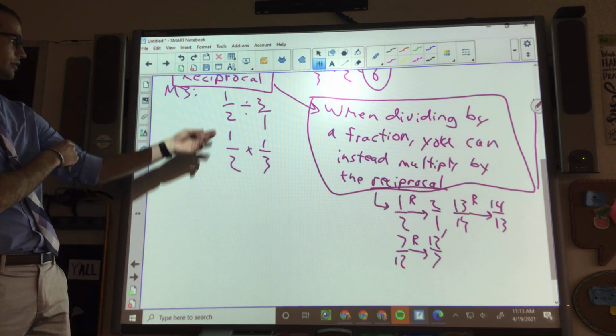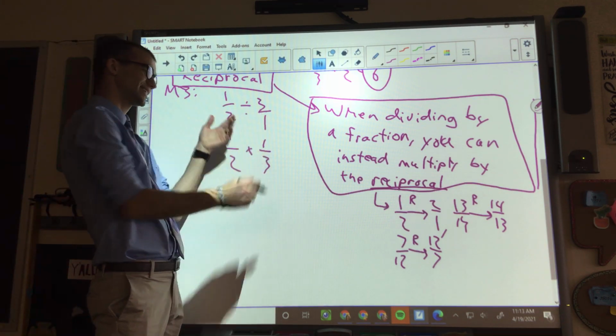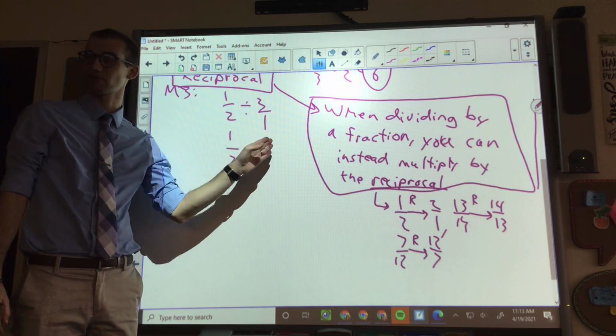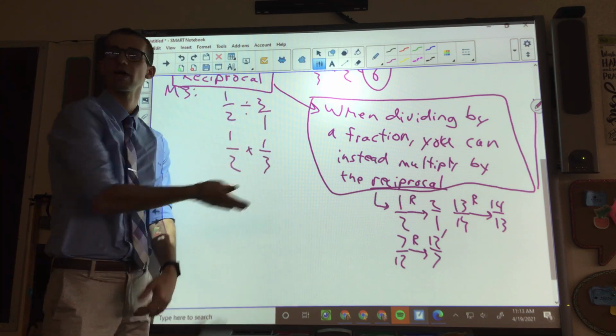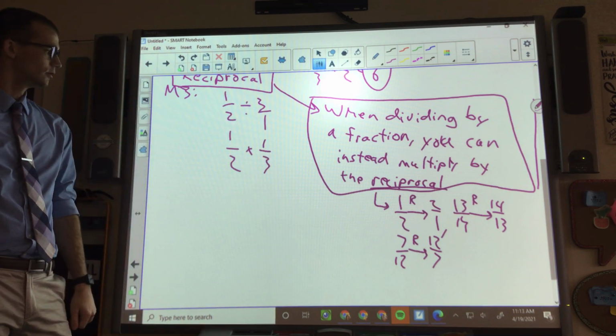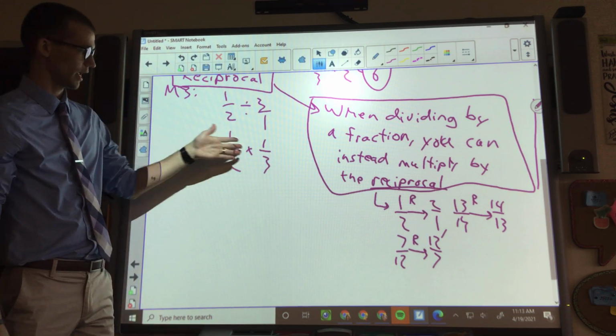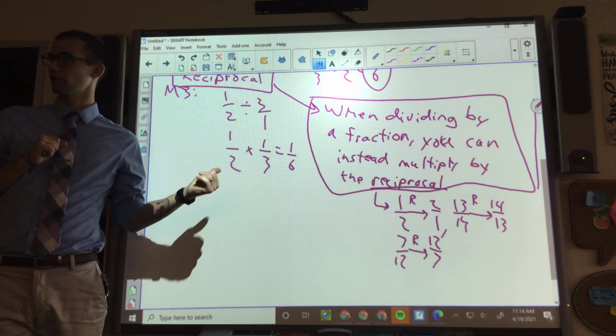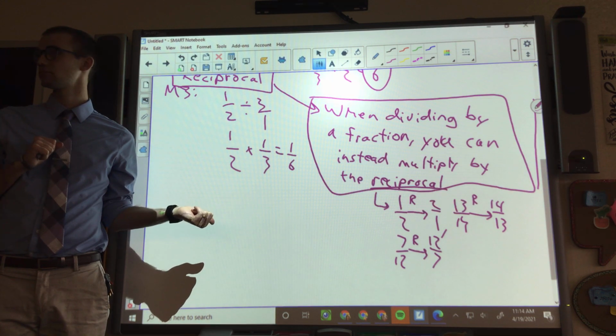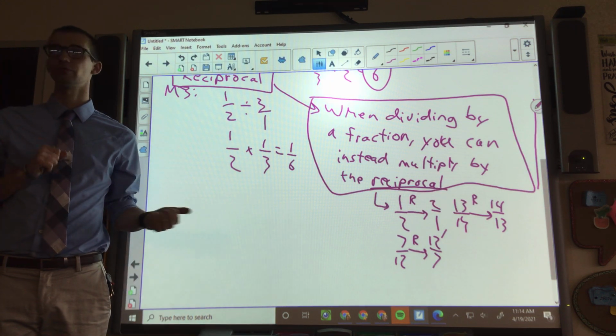I mean, yes, we're doing 1/2 divided by 3 over 1. Technically, this is a fraction divided by a fraction. Now, the second fraction is 3 over 1, which is really a whole number, but we're making it into a fraction so that we can use it. So it becomes 1/2 times 1/3, which is 1/6. Does anyone need more time to write this down? Okay, you got 10 seconds.